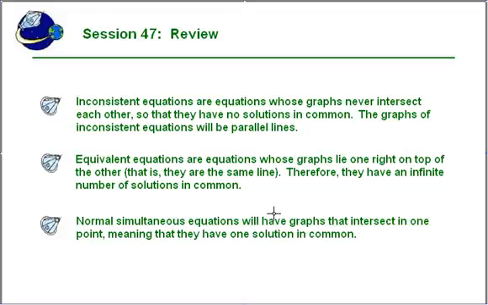The graphs of inconsistent equations will therefore be parallel lines. If you remember from your definition, parallel lines never intersect. Second, equivalent equations are equations whose graphs lie one right on top of the other. That is, they are the same line. Therefore, they have an infinite number of solutions in common.